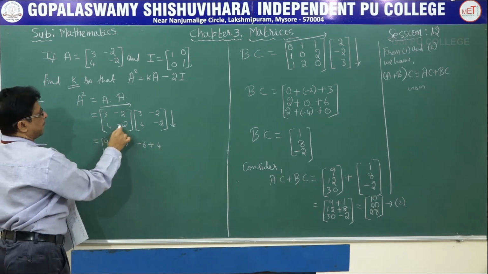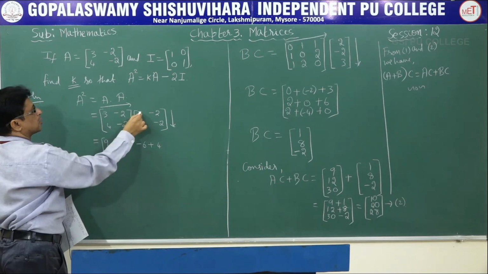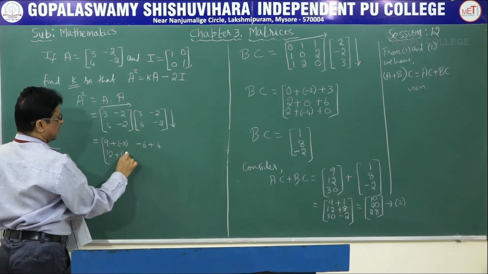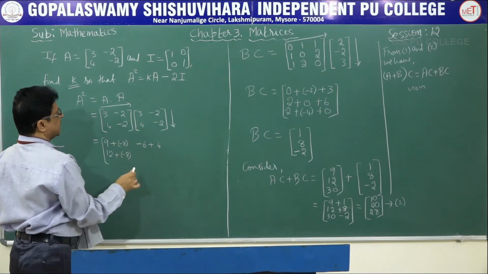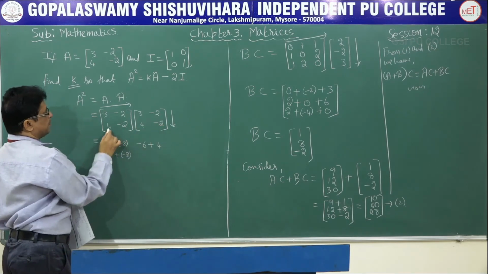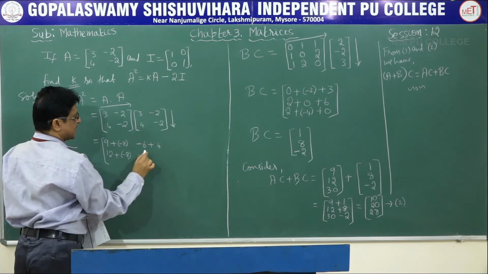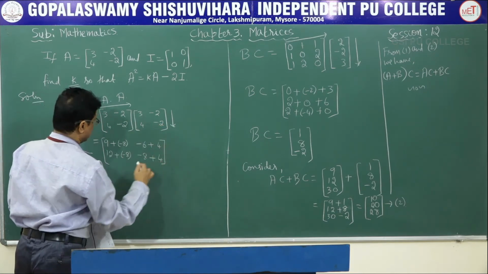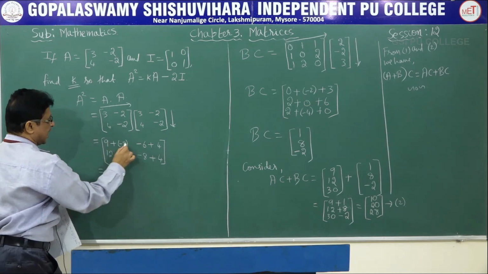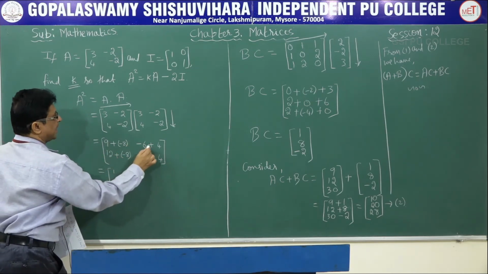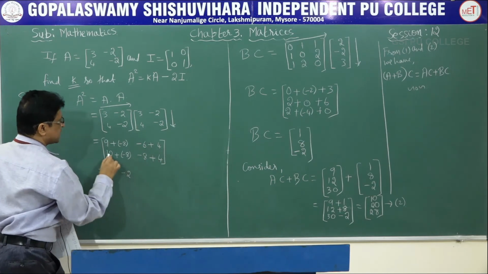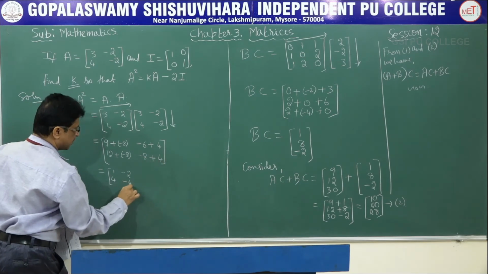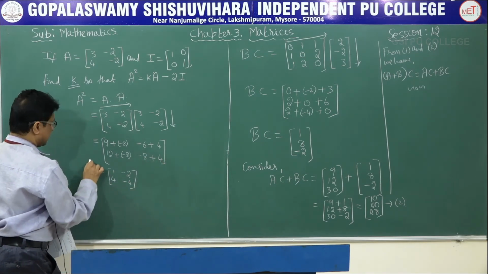Next element will be second row into first column. 4 3s are 12 plus minus 2 into 4 minus 8. Next element will be second row into second column. 4 into minus 2 minus 8 plus minus 2 into minus 2 is 4. So that will be equal to 9 minus 8, 1, minus 6 plus 4 minus 2, 12 minus 8, 4, minus 8 plus 4 is minus 4. That is A square.